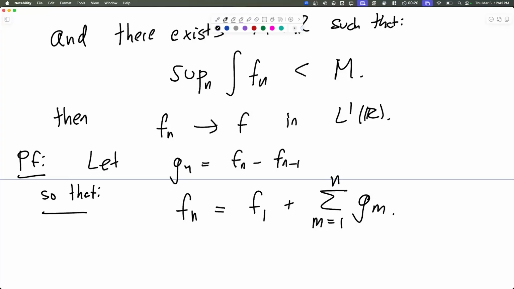Okay, so in other words, the Fn's are the things that are converging, and you can write Fn as the sum of the G's. So we're going to look at this infinite sum of the G's. In fact, why don't I make F1 equal G1? Otherwise this is for n greater than or equal to 2, and then Fn really is just the sum.